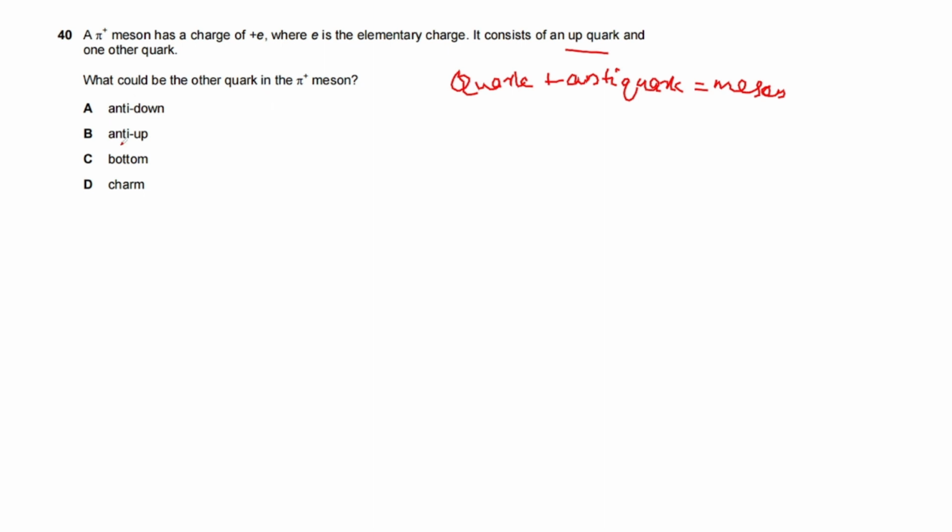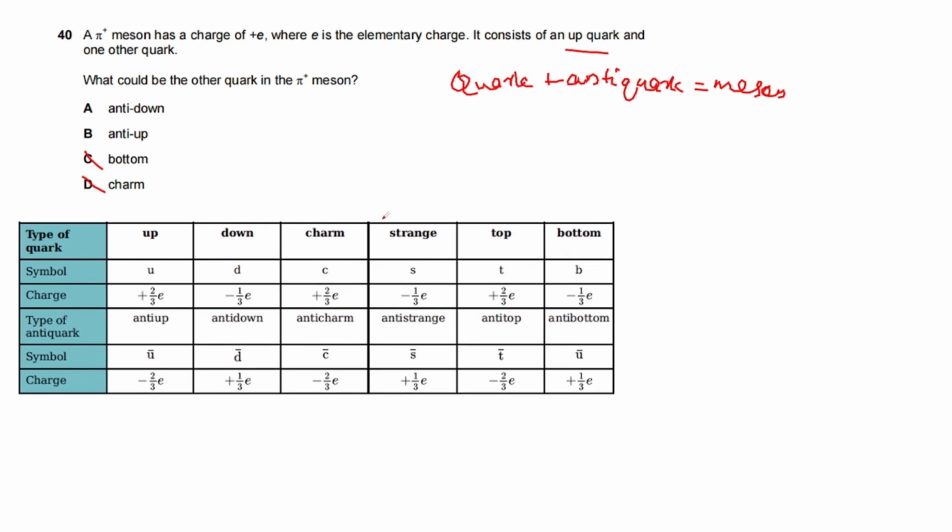So out of these options, you can neglect options C and D, as these are not anti-quarks. It would be either anti-down or anti-up. So just consider the charge distribution. Here it is pi plus, which has a charge of plus e, and one of the quarks is an up quark, which has a charge of plus 2 by 3 e, plus an unknown, just take it as x.